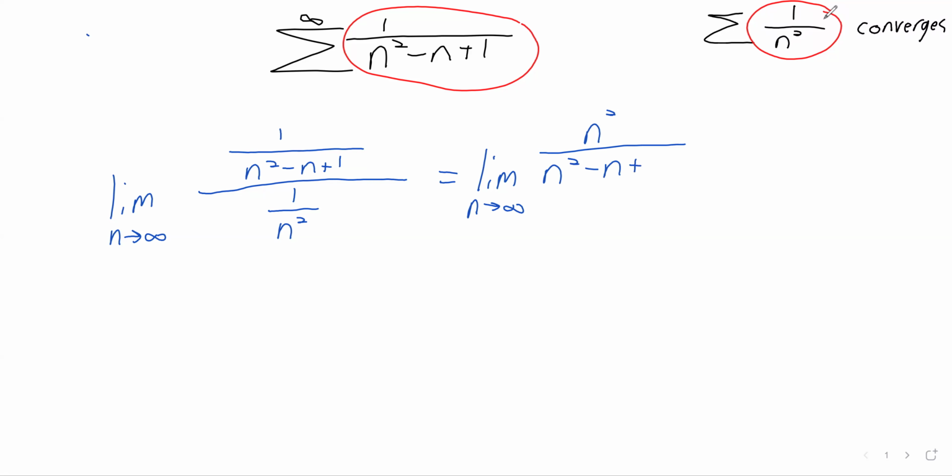We're going to be doing a lot with fractions of fractions. It's going to be a big thing when we get to the ratio test next week. So hopefully this is something we're comfortable with. We flip the denominator and we multiply top and bottom by it. Bottom cancels. We get an n squared up here.